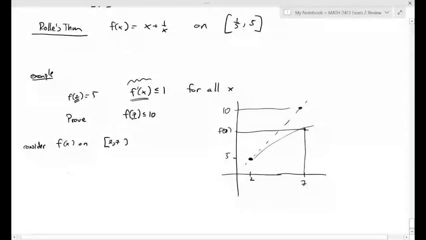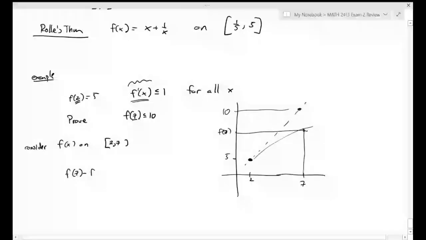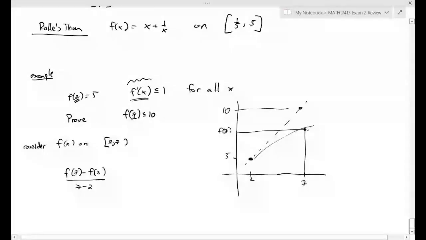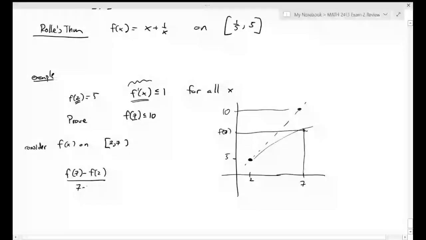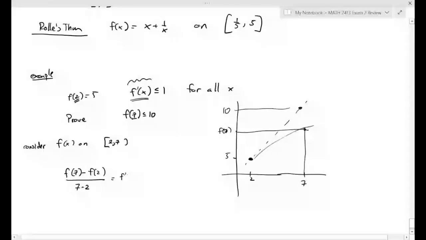So let me write what the mean value theorem says. The slope of the secant line is equal to the derivative of the function at some point c, which is between 2 and 7. Do you see how the mean value theorem result, which has an equality, can turn into an inequality if you know something about the bound on the derivative of the function?